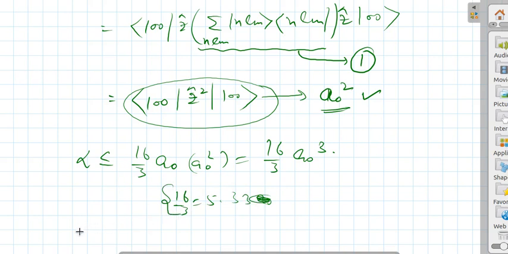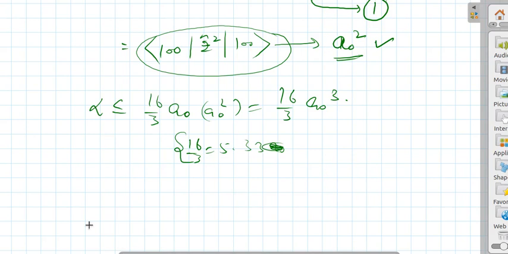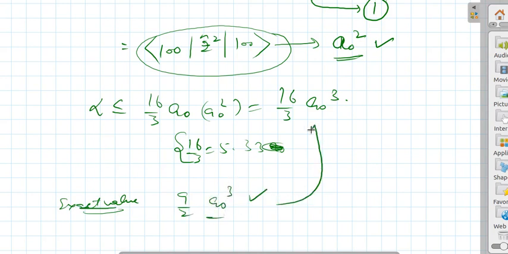Right? As I know, 16 by 3 is 5.33 a naught cube, and if I look at the exact value, it is 9 by 2 a naught cube, so this value agrees with it with certain error, because 9 by 2 is 4.5 and 16 by 3 is 5.33.